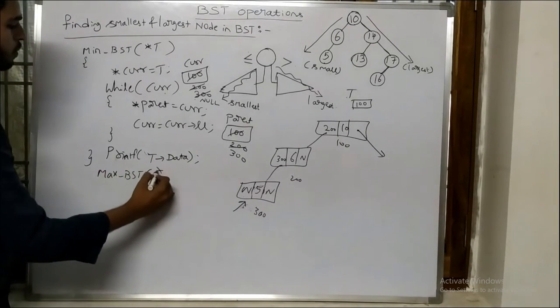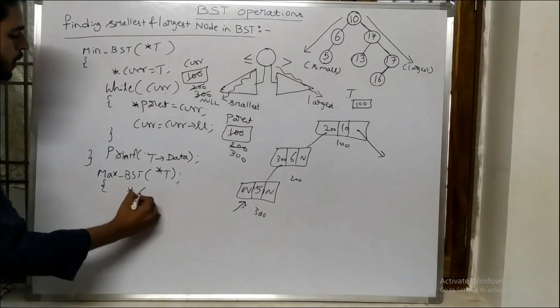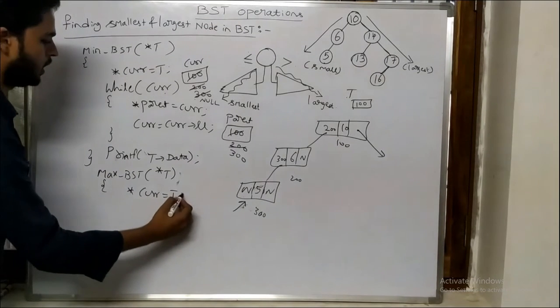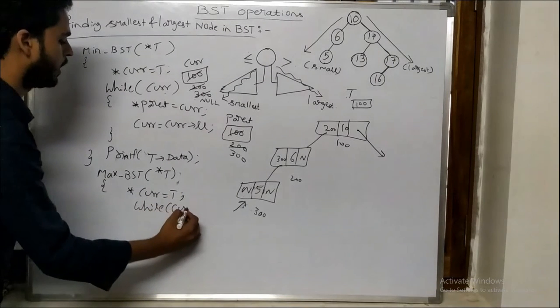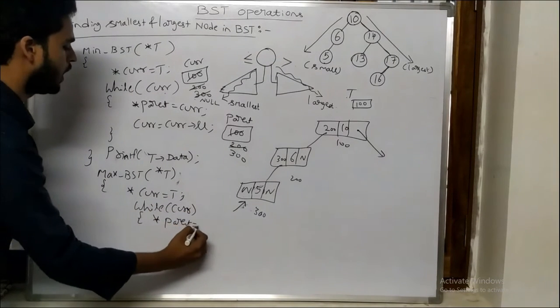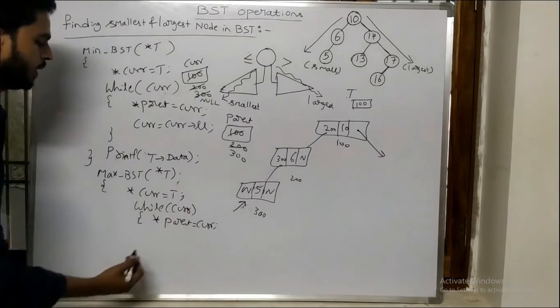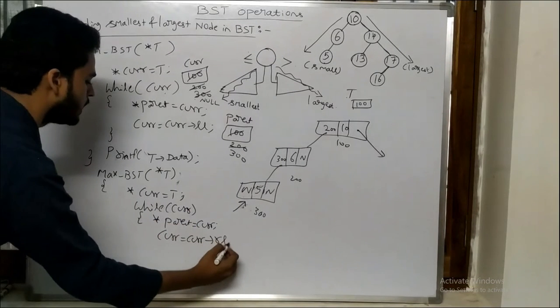You can understand. For the maximum of a binary search tree, I am going to simply make current equal to t. While the right side address exists, I am going to keep track of the parent element, and every time I need to traverse to the right link, that's it.